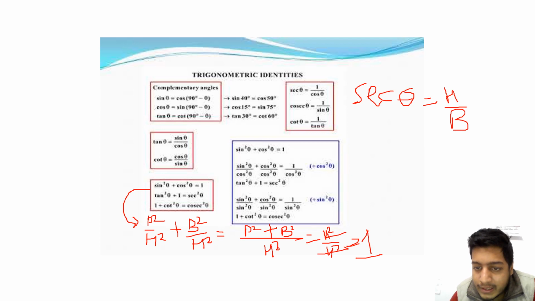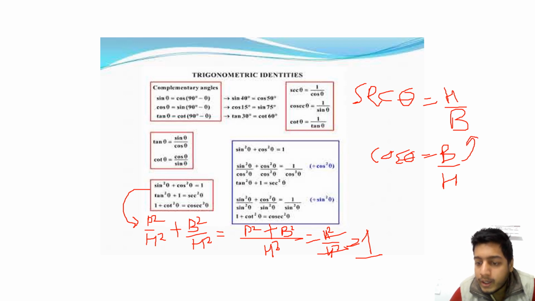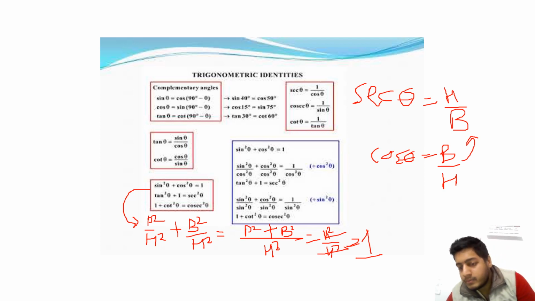And in the previous slide, we learned that cos theta is equal to base upon hypotenuse. So these both are reciprocal of each other. You need to remember that sec theta is the reciprocal of cos theta, cosec theta is the reciprocal of sine theta, and cot theta is the reciprocal of tan theta. You can note it down and then we can move to the next slide.